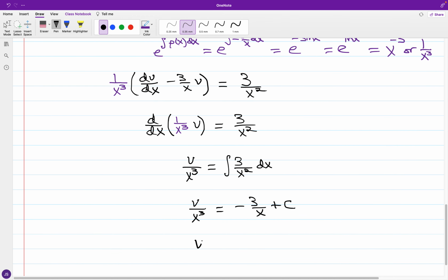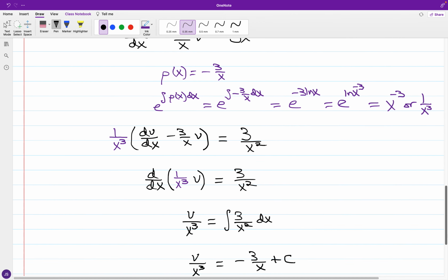And if I were to isolate v, multiplying by x cubed, we have negative 3x squared plus cx cubed.